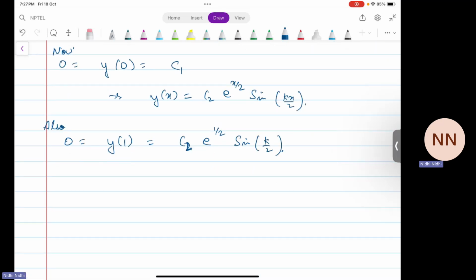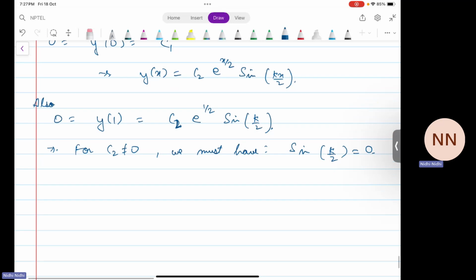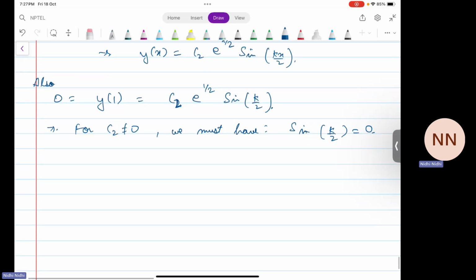So c2 non-zero will imply that sin(k/2) is 0. We know that sin x is 0 only for x equals n pi. So in this case, k/2 should be equal to n pi.